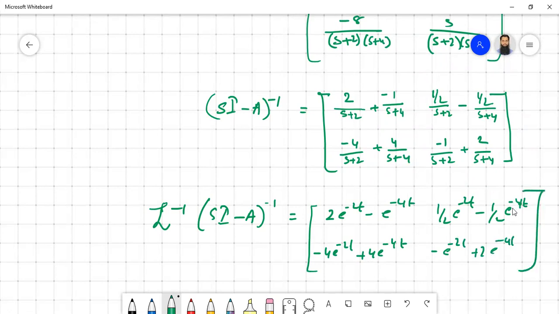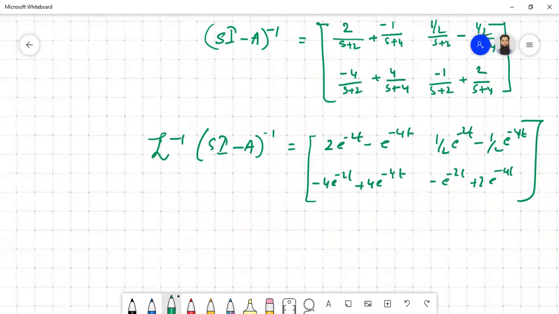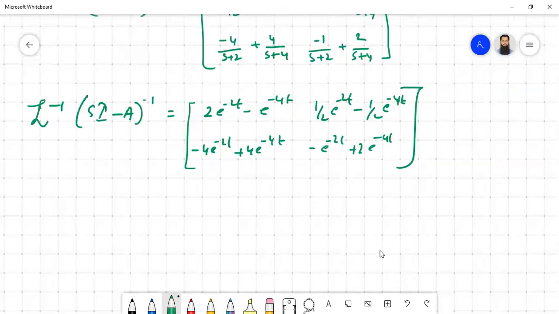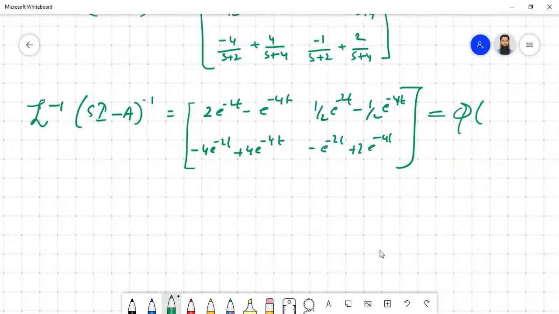So basically it is the same state transition matrix, which we obtained by a different method. The rest of the problem is the same as before, so we just use the same method. Assalamu alaikum.